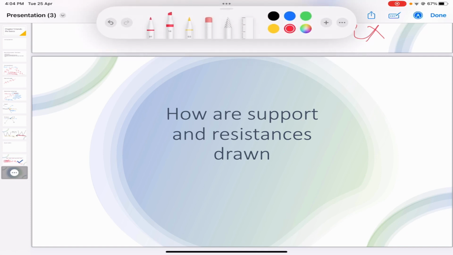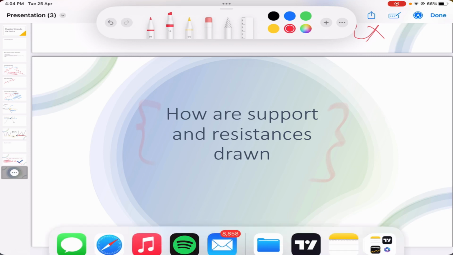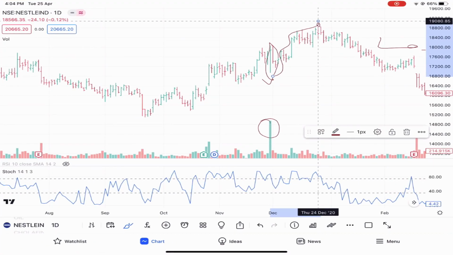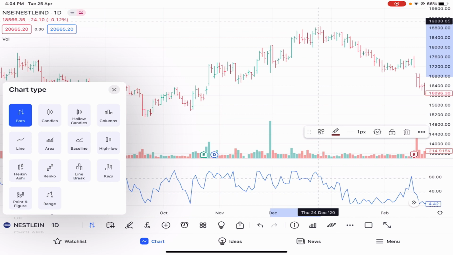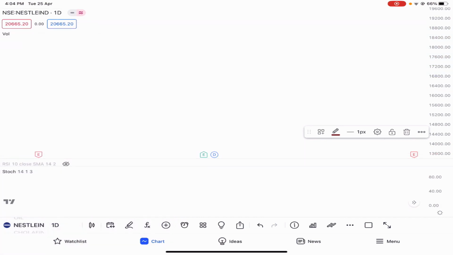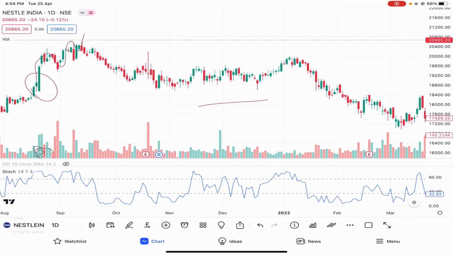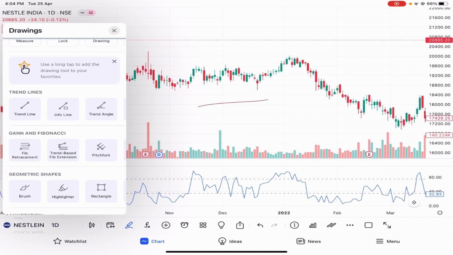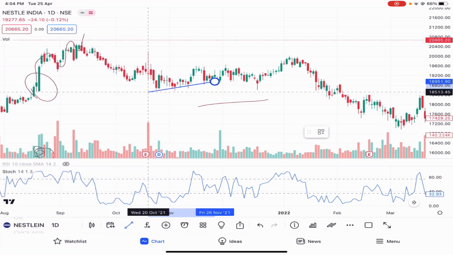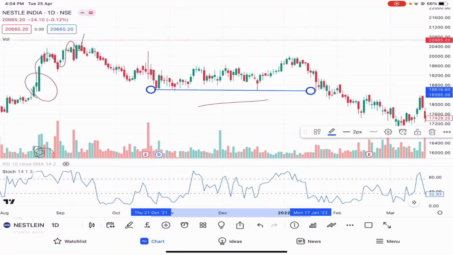Now, how are support and resistance drawn? We have discussed this already, but you can just go on the charts and try to identify it. We have already discussed how to draw supports and support zones as well. For example, if I have to draw over here, I'm just going to connect these points.